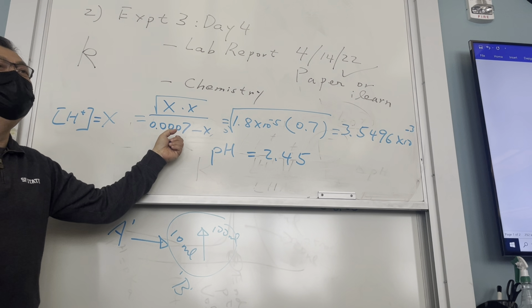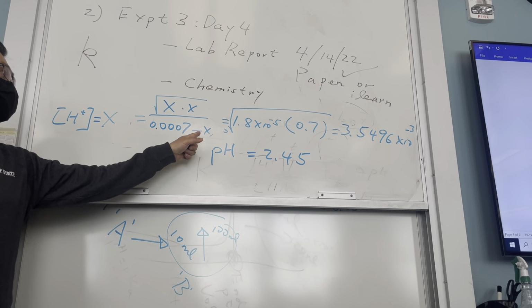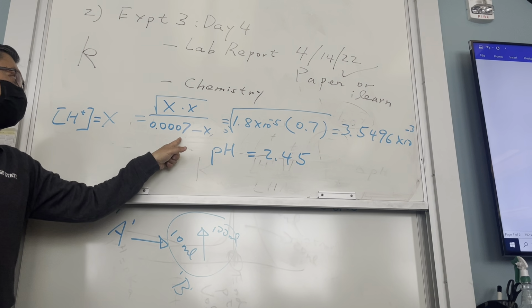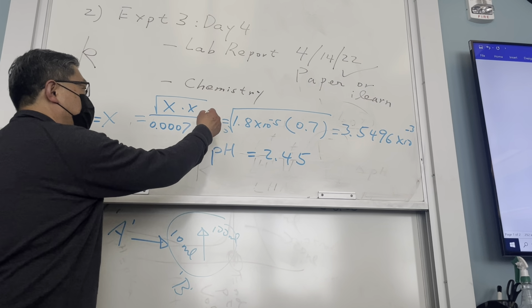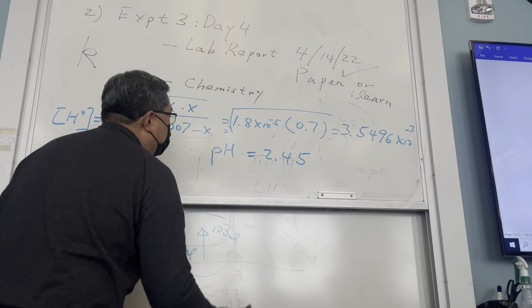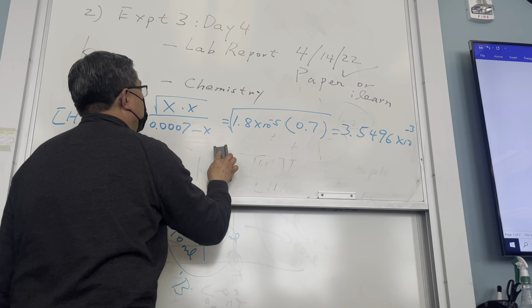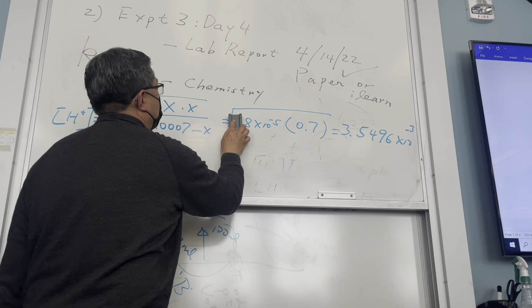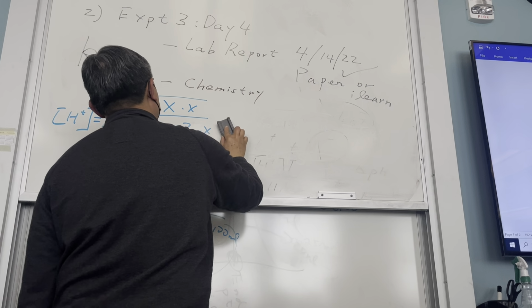This is a small number, we know that, 0.000. And so this is not that small compared to here. So you cannot ignore the X. And so you will do the real math to solve X.